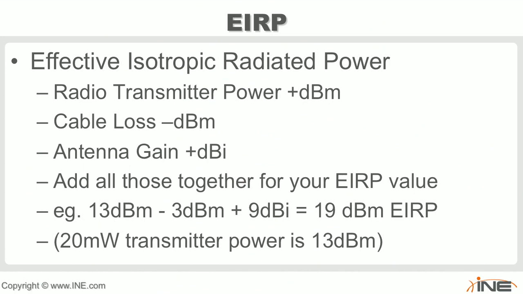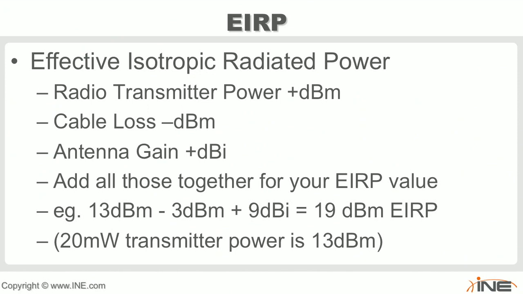If we add all those together, and remember, the dBi and the dBm are on the same logarithmic scale, so we can add them in continuity with each other, we get the EIRP, or the effective isotropic radiated power value. So let's say we have 13 dBm as power put out from the transmitter, and a decently long cable that has 3 dBm of loss.